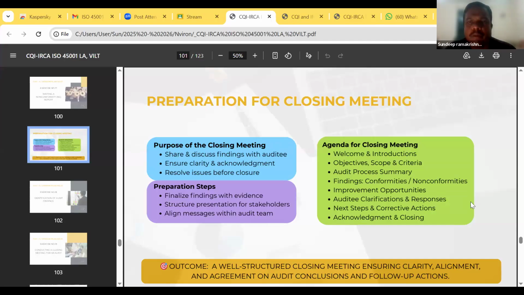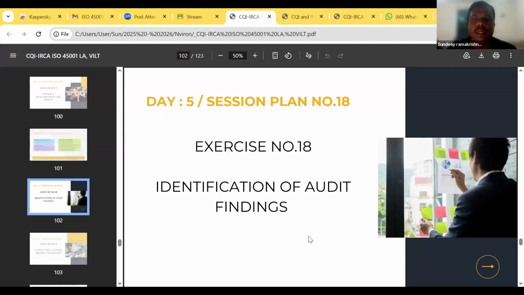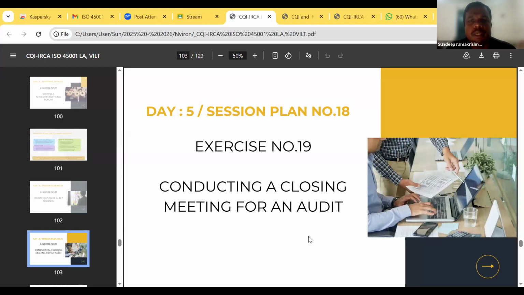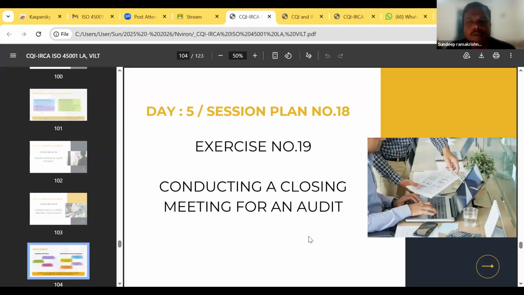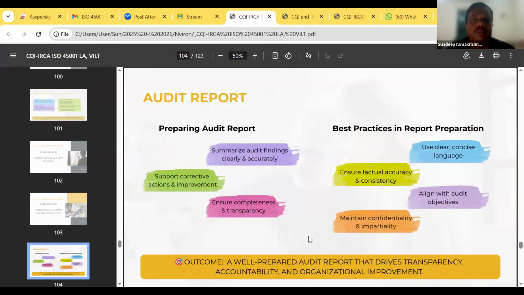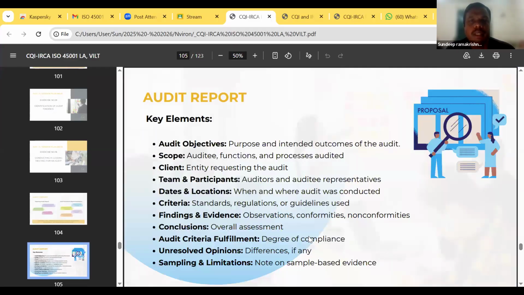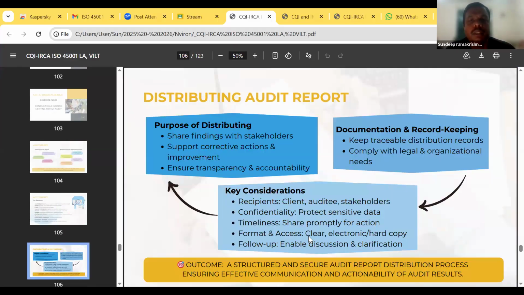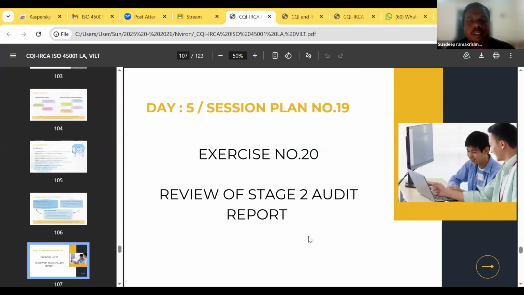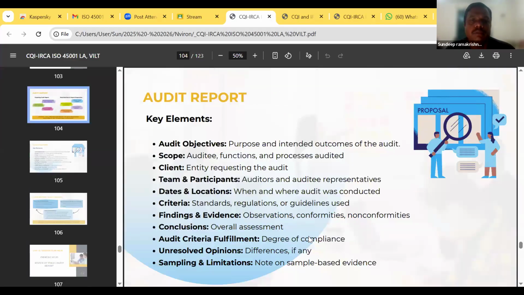Right. So see, we have this preparing for the closing meeting, right? And then we will identify the audit findings and you will conduct a closing meeting. This is similar to the opening meeting, and then writing an audit report, distributing an audit report, and then this is about how you review an audit. So these are the things which are left out.